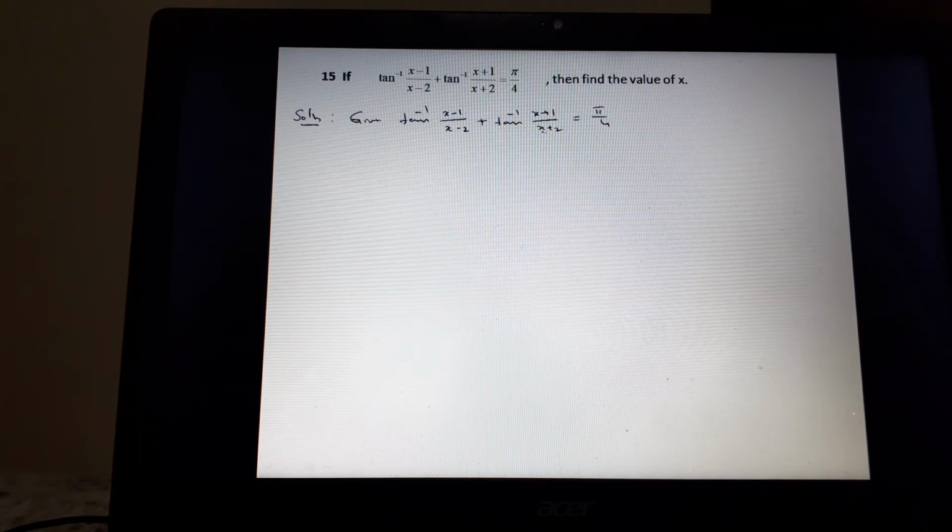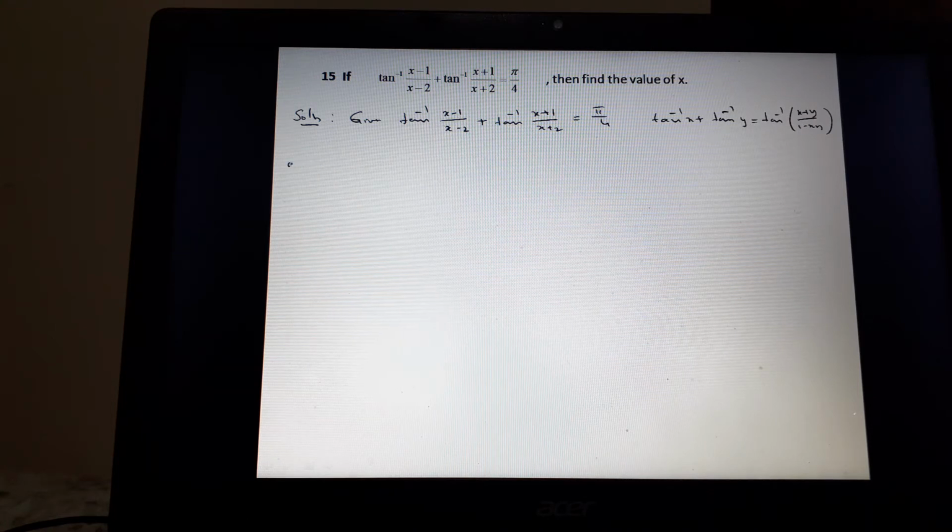Therefore, use this formula: tan inverse x plus tan inverse y equals tan inverse of x plus y by 1 minus xy. So you can take this as x and this as y. So tan inverse x plus tan inverse y is tan inverse of x plus y by 1 minus xy.